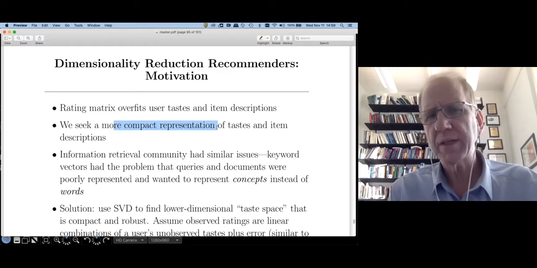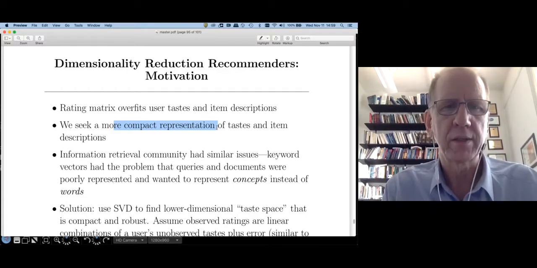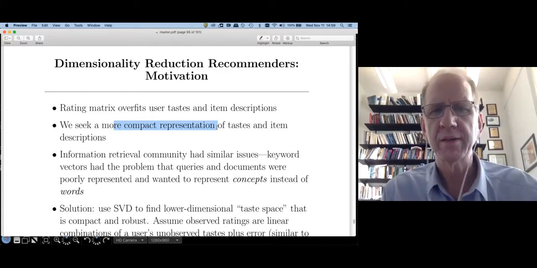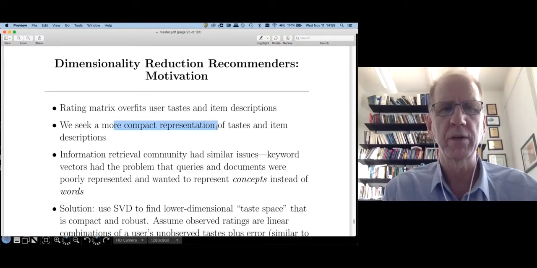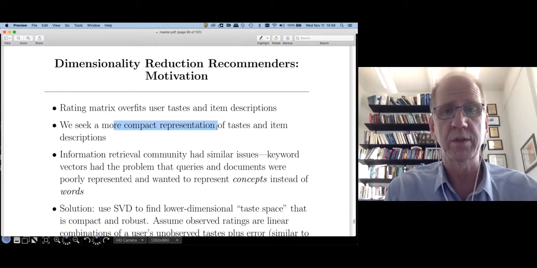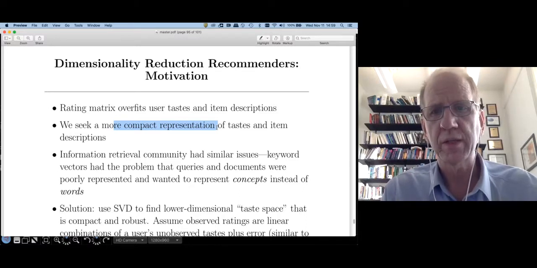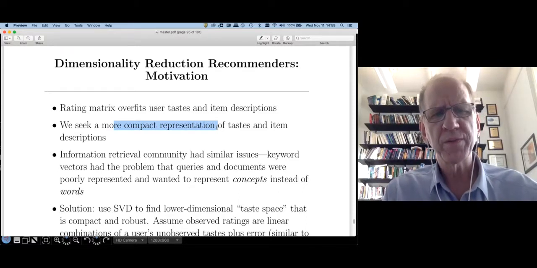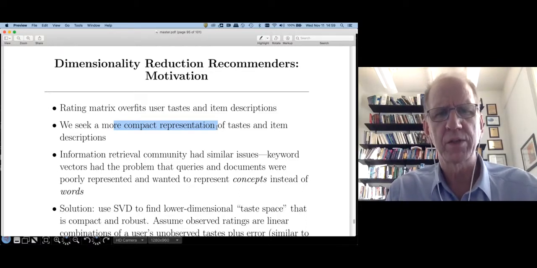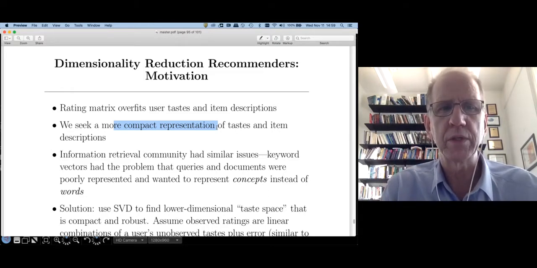But what if my tastes are more latent? You can't really put your finger on it, like, well, it's funny, or it's by a certain director that I like. What if these more latent factors explain my preferences in movies? That's what we're trying to get at.